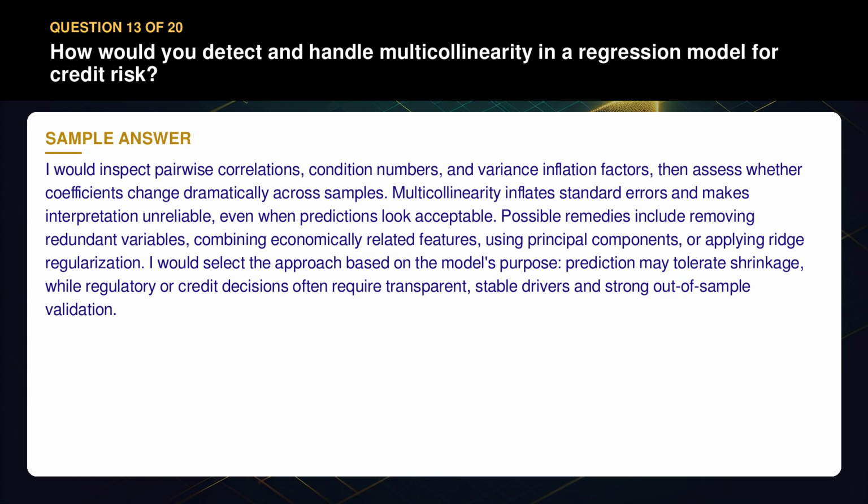Possible remedies include removing redundant variables, combining economically related features, using principal components, or applying ridge regularization. I would select the approach based on the model's purpose. Prediction may tolerate shrinkage, while regulatory or credit decisions often require transparent, stable drivers and strong out-of-sample validation.